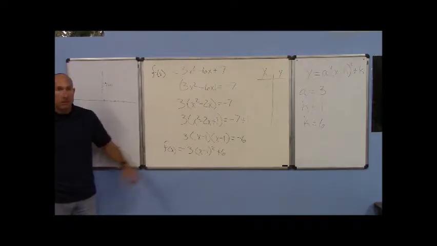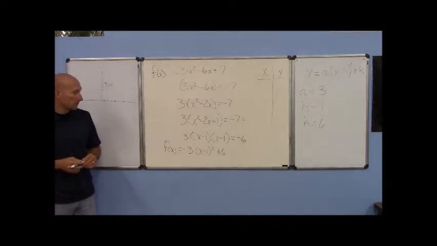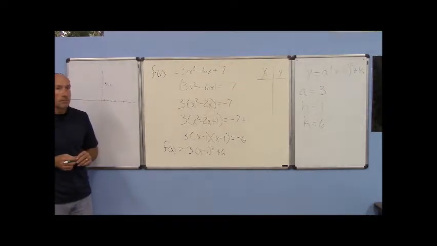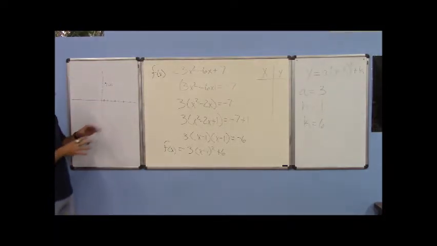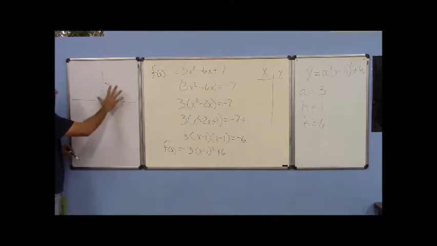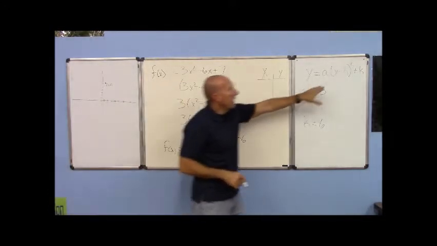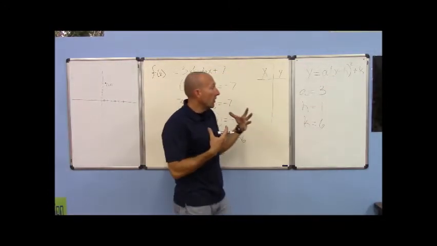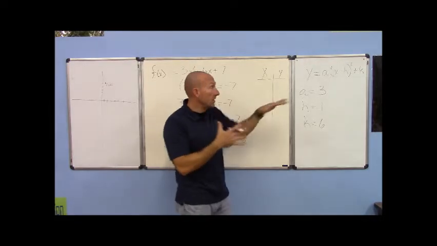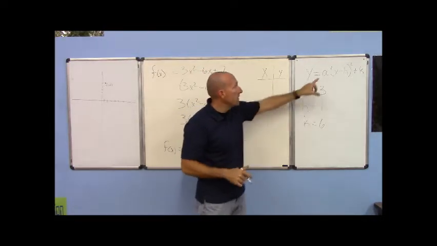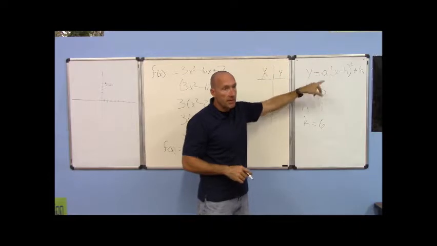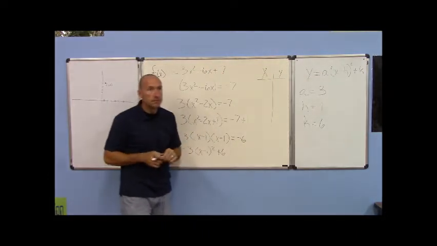I have a question. Yes. With the 3 on the beginning, doesn't that help you graph part of the problem too, like over 1 up 3? No, because the only way that it's moving up and over are your H and K. The significance as far as the initial visual of how this is going to be is if it's going to be a positive or negative at this point, okay?